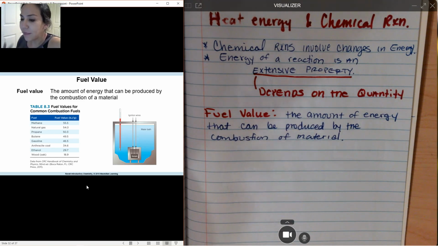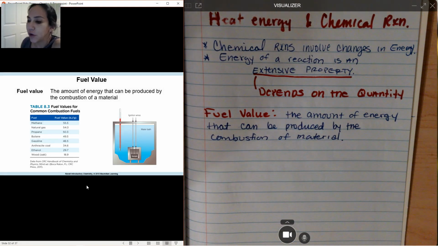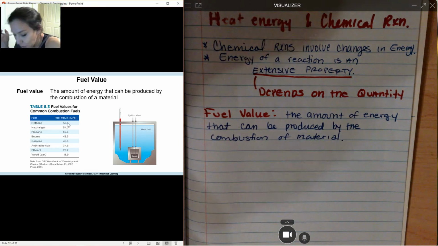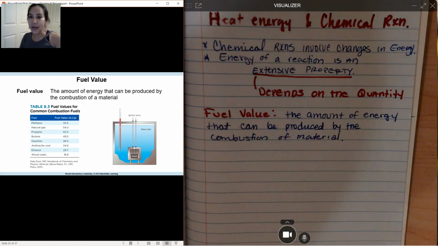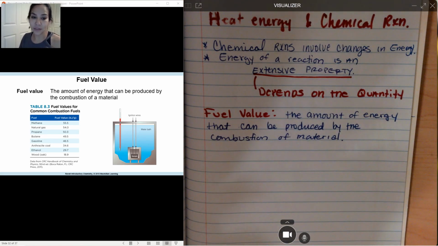So you see methane, propane, butane, all of these different ones, right? And what I want you to notice is which one has a higher fuel value. That means which one's going to release more energy. And as we can see here, methane has the highest fuel value of 55.5. So it's going to release more energy than your other ones, right? While wood, in this case, only releases 18.9 kilojoules of energy, right? So wood is the most common product that we use, but as you can see, it doesn't release as much energy as methane gas would release. Okay?